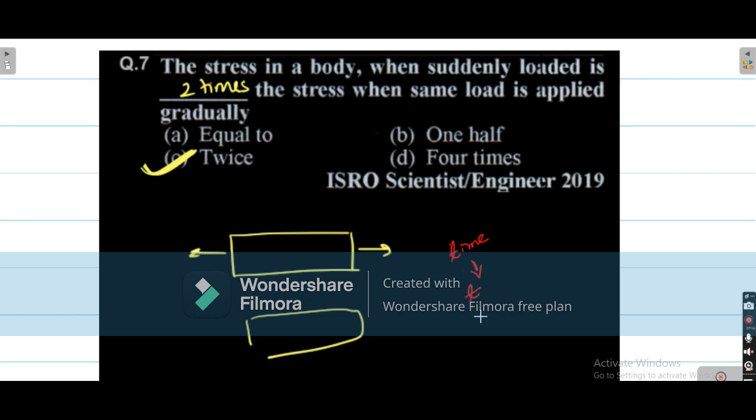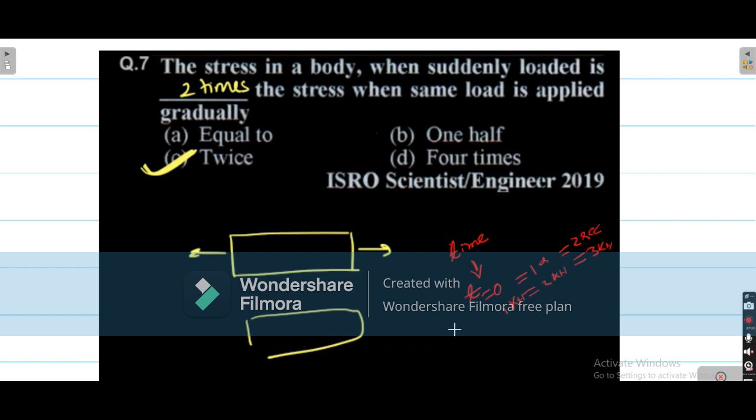If you are increasing the load gradually, then we can say it is a gradual load. Suppose at t equal to 0 we give 1 kilonewton, at t equal to 1 second we increase it to 2 kilonewton, at t equal to 2 seconds to 3 kilonewton. If we are varying or increasing the load time-wise, then we can say gradual load.